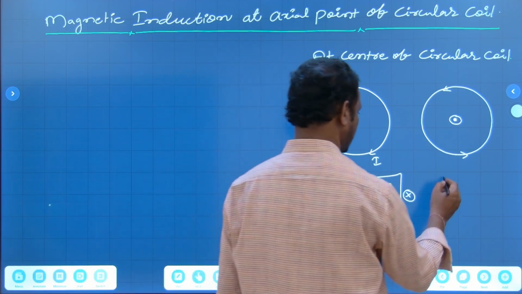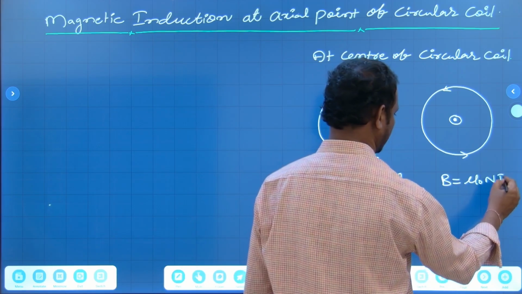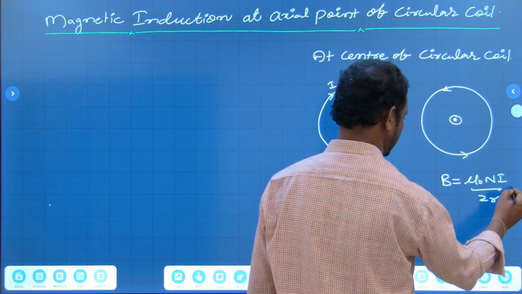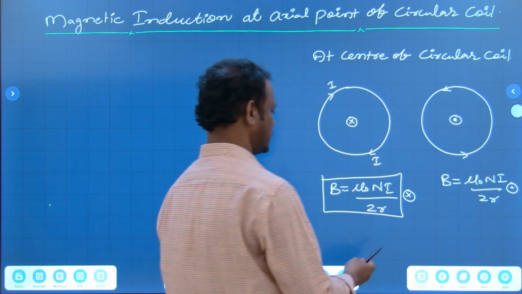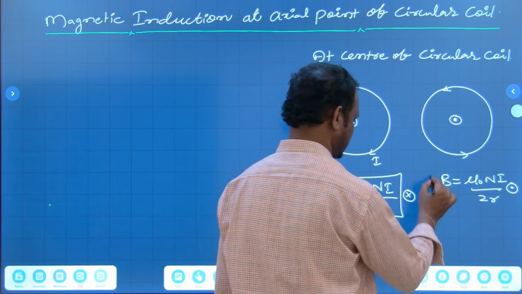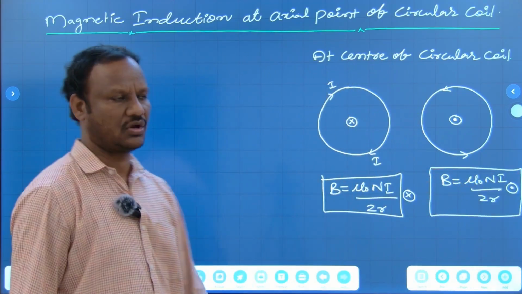For the second, B is mu naught N I by 2R, dot, out of the plane. These are the magnetic fields due to the first and second coils.